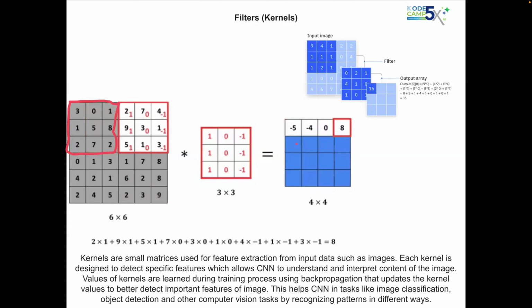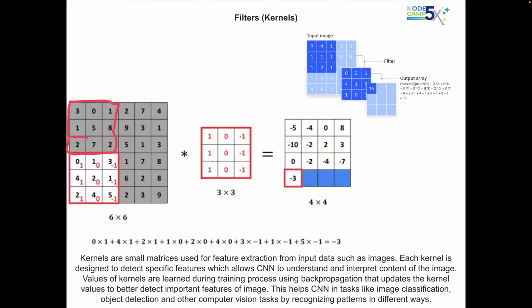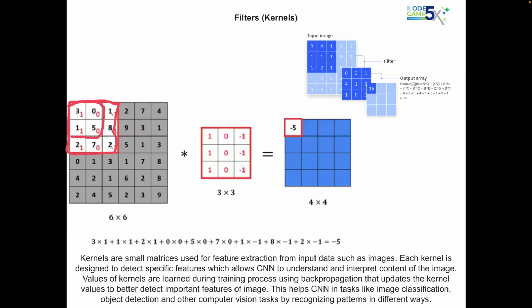So let's say this is a 3 by 3, we apply it on this particular section of the image. If it was 2 by 2, we would apply it somewhere around here. Now, once we apply it, we need to perform this entire operation on this whole image.